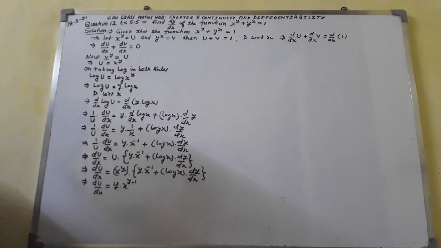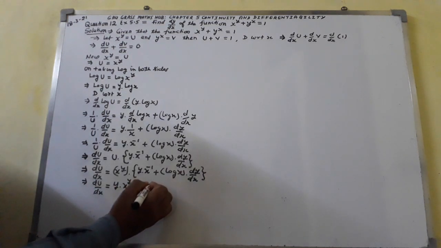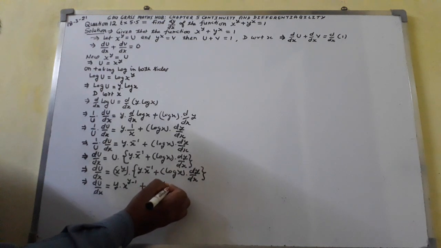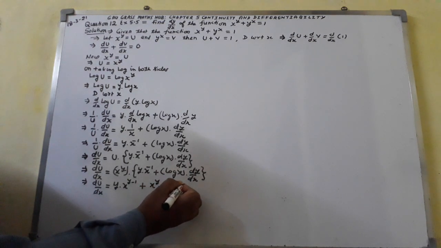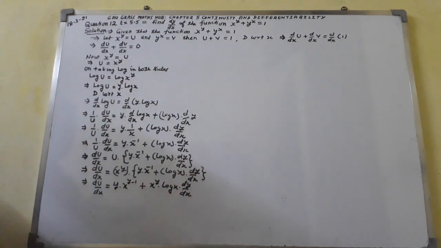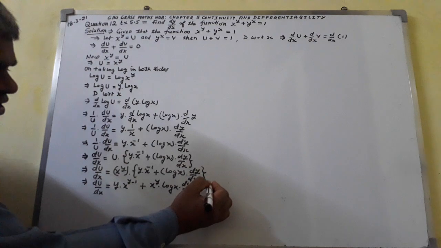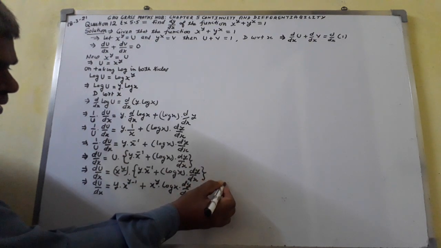Now here you will get x raised to power y dot log x dot dy over dx. This thing you have got. Now this will become relation number 1.